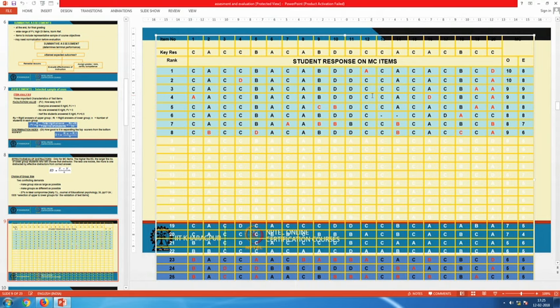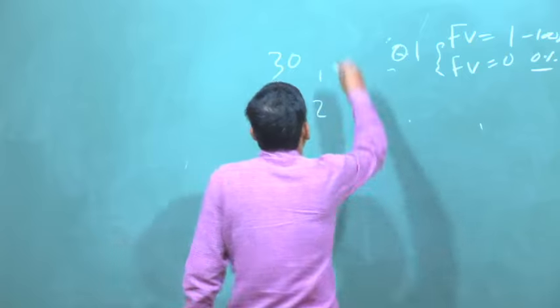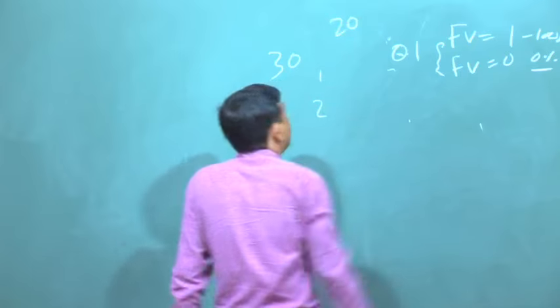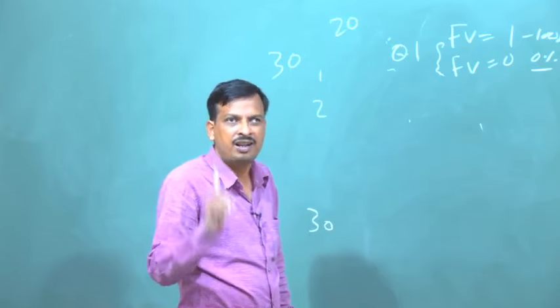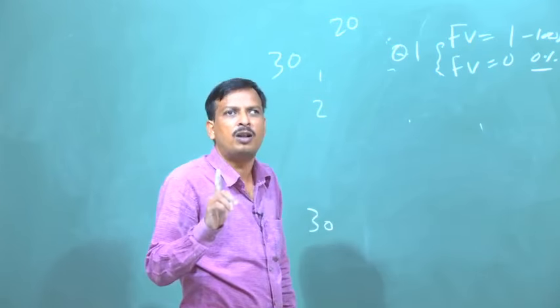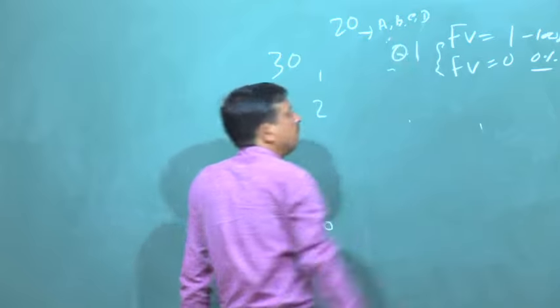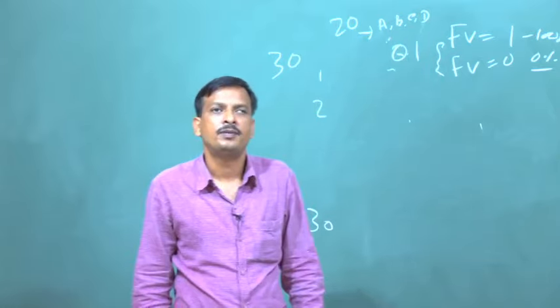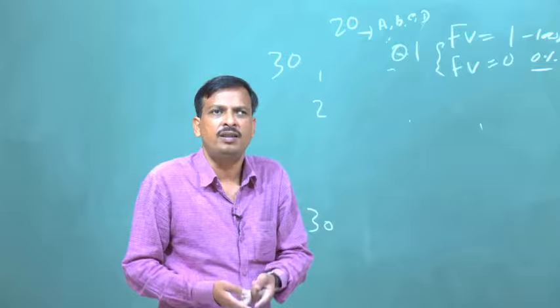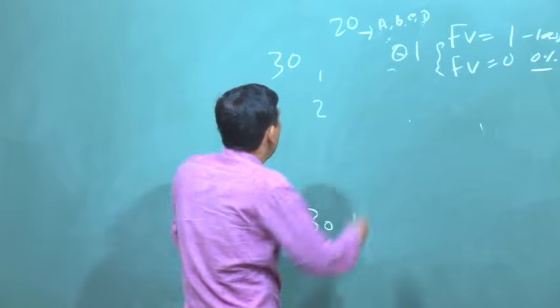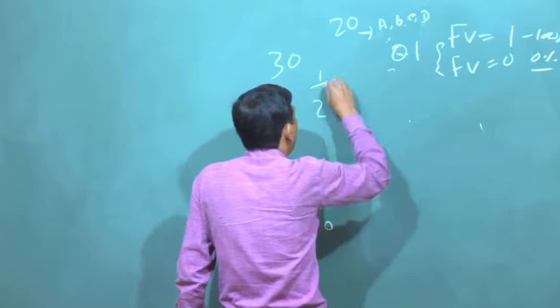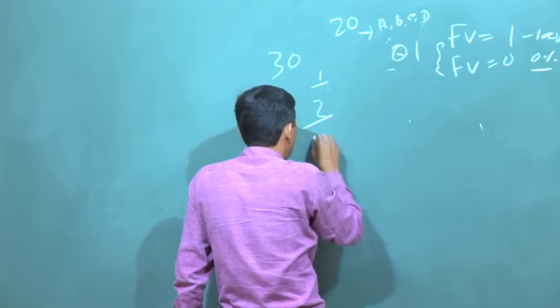I take a 20 marks test, all multiple choice, and each has 4 choices A, B, C, D. After the examination, I rank the students: the highest marks is 1, second highest 2, 3, 4, 5 up to 30. This is very simple.